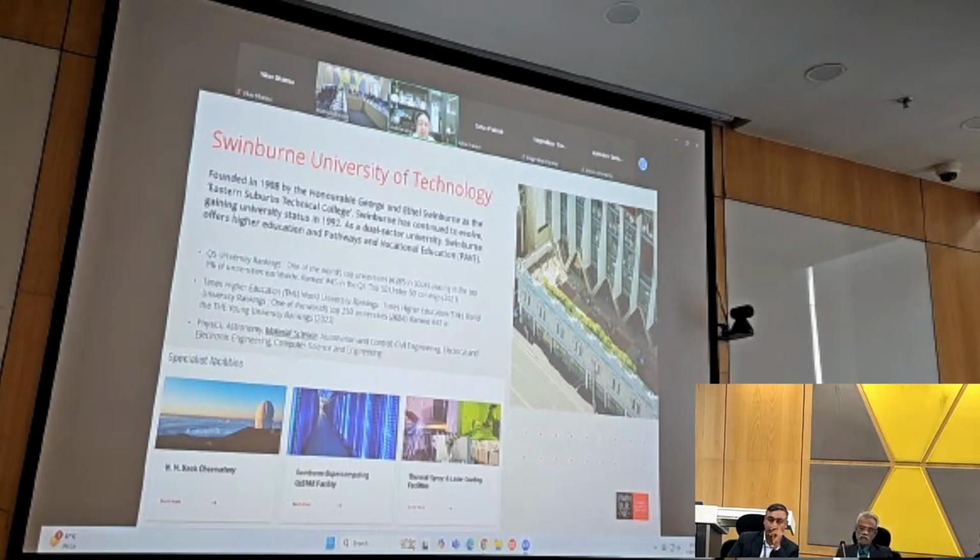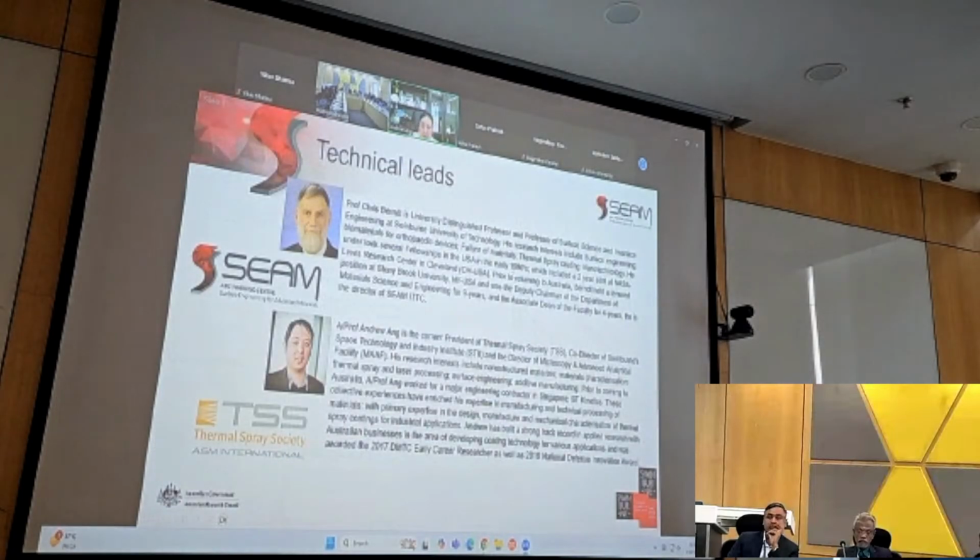We offer a wide range of coating facilities from thermal spray to laser, and we also create materials, so we make various kinds of powder. We're located in Melbourne, in the south part of Australia, if you have the map. The technical leads within our group are both Professor Chris Brown and myself.